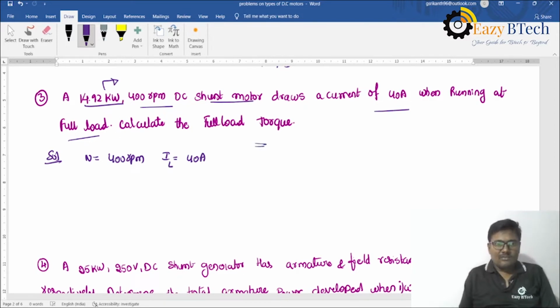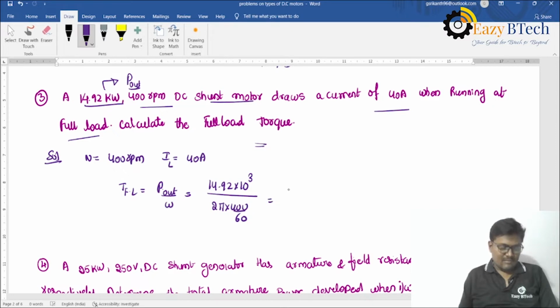So the full load torque formula is P out divided by omega. 14.92 into 10 to the power of 3 divided by omega, where omega is 2 pi n by 60, 2 pi into 400 divided by 60.